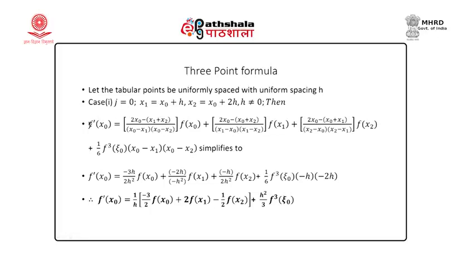Our estimate of the derivative at the point x0 will be given by the sum of the first 3 terms, that is p dash x0, and the error will be given by this term.